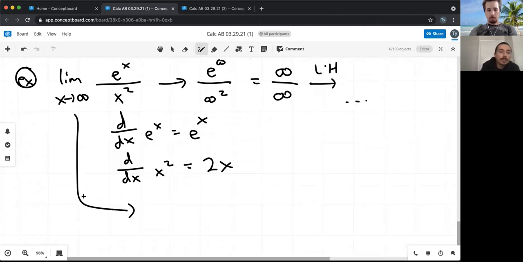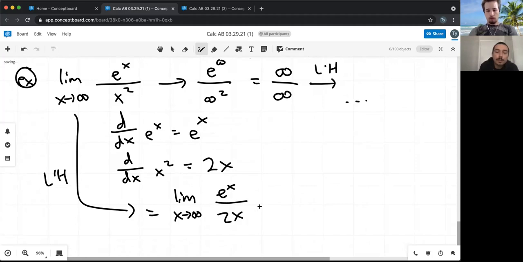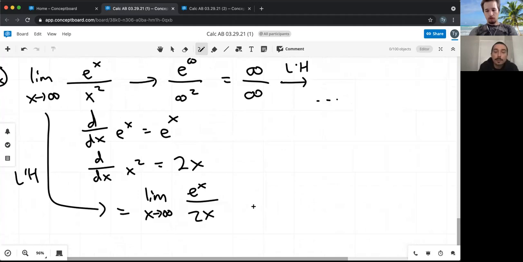And by L'Hopital's rule, we know that our original limit is equal to the limit as x approaches infinity of e to the x from here divided by 2x. Okay, we try direct evaluation again. We get e to the infinity over 2 times infinity, which is just infinity over infinity.